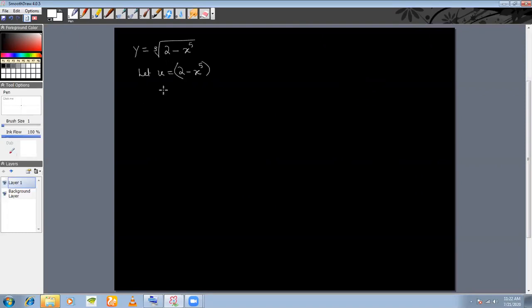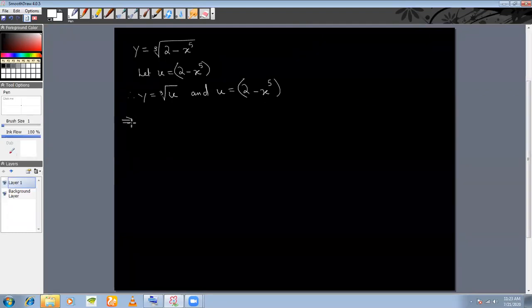Therefore y becomes cube root of u, and u is what? 2 minus x to the power of 5. It is very important that you write it this way, the way I am writing. Otherwise, you will get confused. See, y and u are all written in one line.